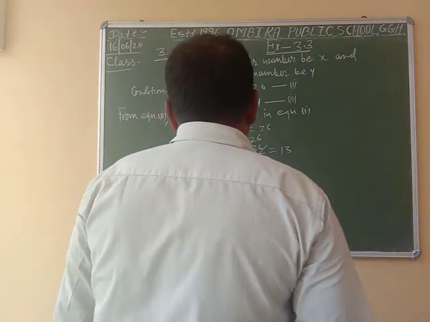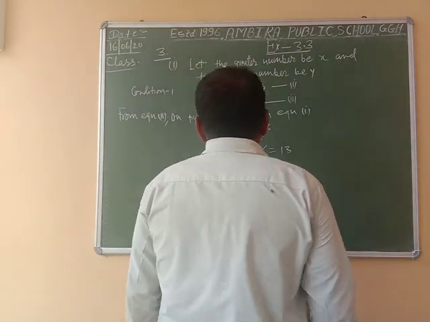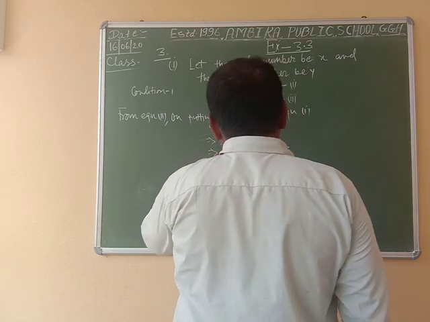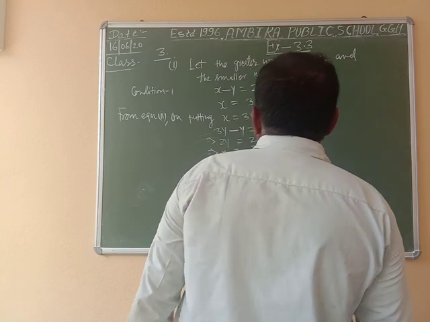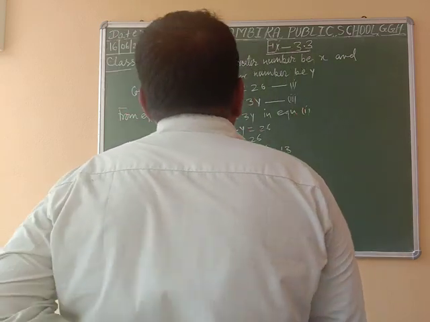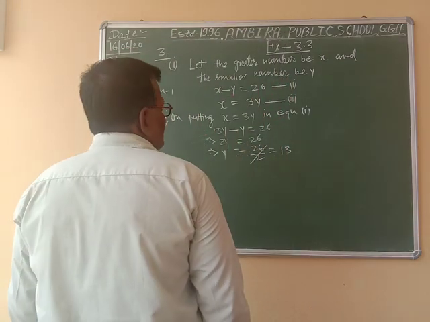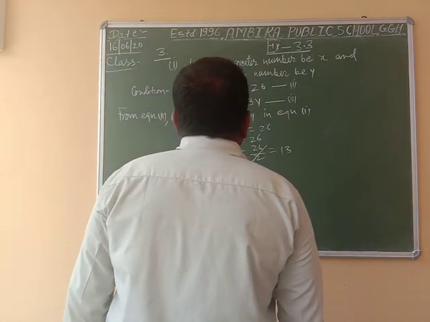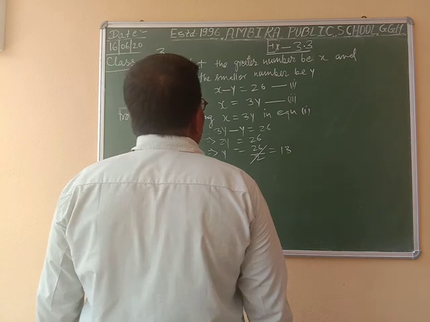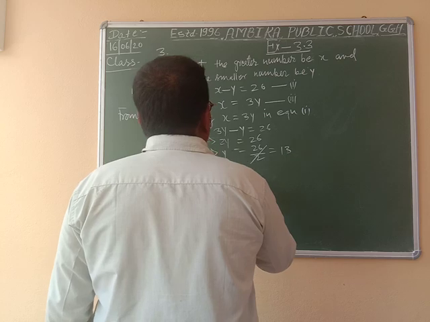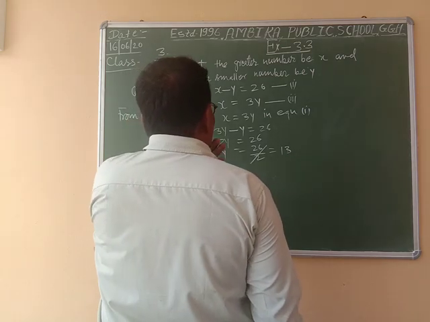Since the value of one variable is 13, now we put the value of y in equation 2. x is equal to 3y.